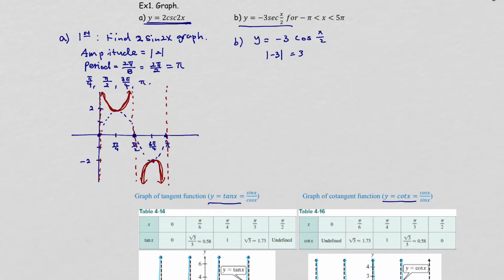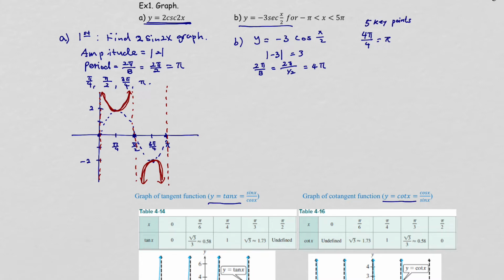Your period is going to be 2 pi over B. That gives you 2 pi over 1/2, which is 4 pi. Period over 4 gives you the 5 key points, so that will be pi.